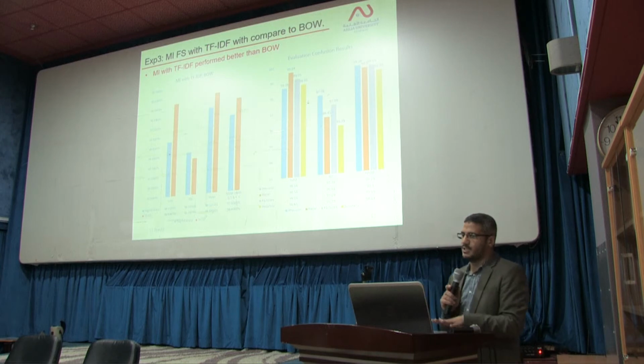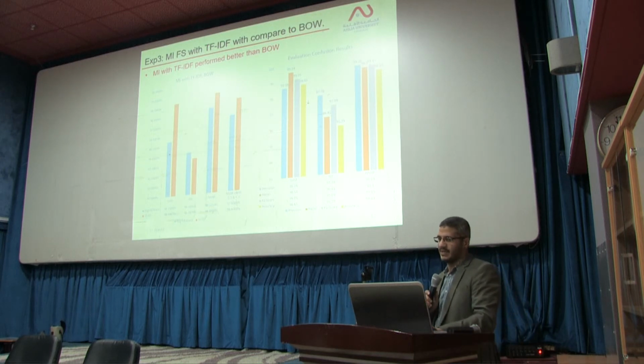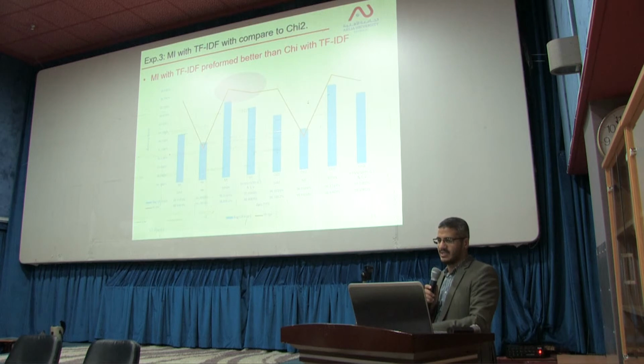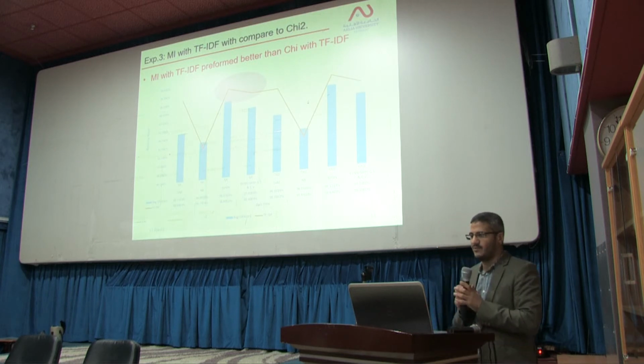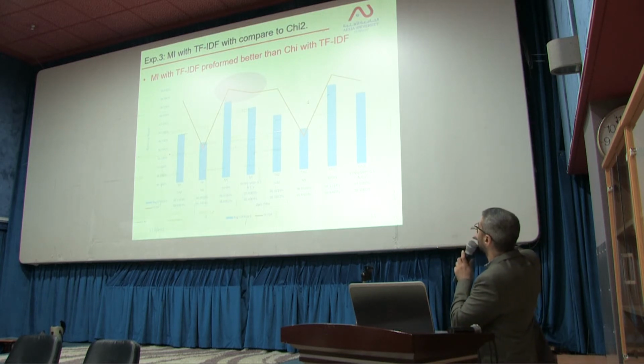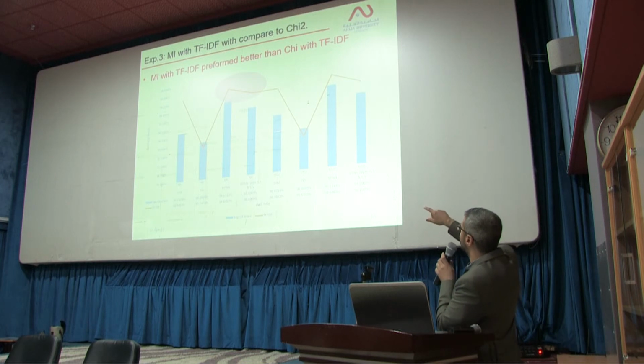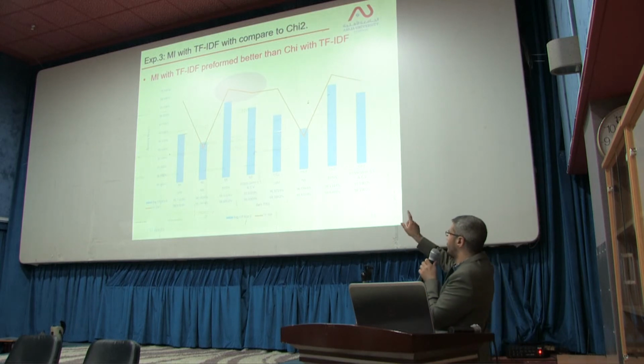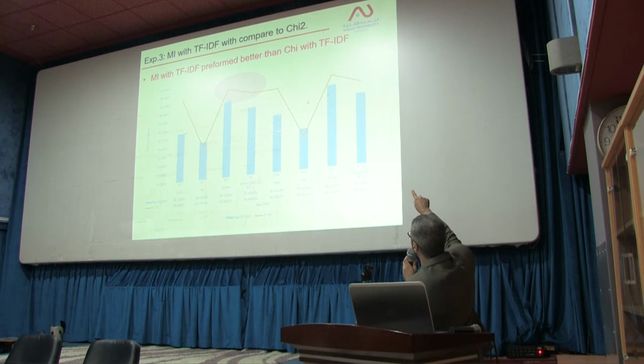We compared mutual information with TF-IDF, and we discovered that mutual information is better than bag of words, as well as better than TF-IDF. If we look at the red circle, this indicates that mutual information used with TF-IDF is better than chi-square with TF-IDF.